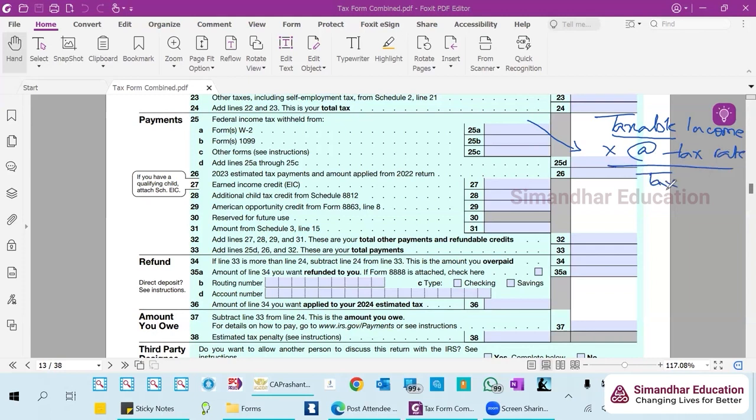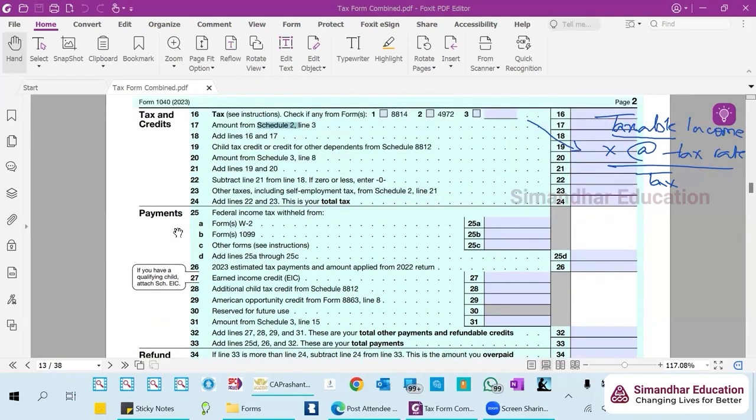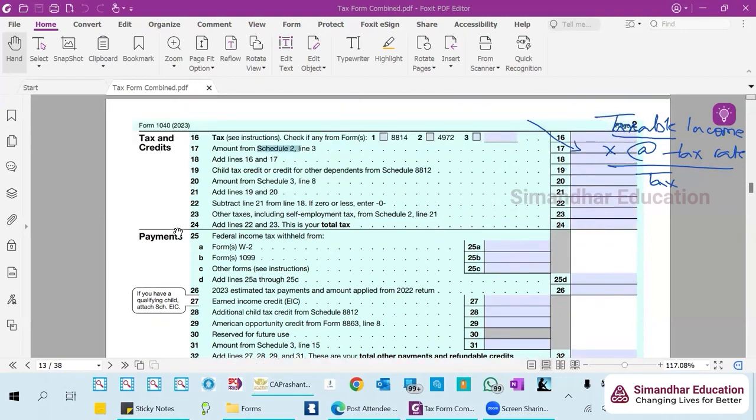From the tax due, we'll find out the payments that we have made earlier. Even before payments, what? Okay, you are seeing the form. Now say it out. The credits that we get on the tax.